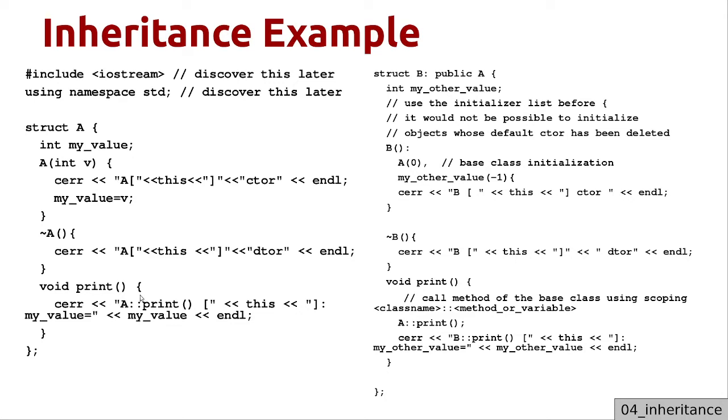Now, let's see an example, and obviously I will now go to the editor. When you have code in the slides, there's always a pointer to some source that is in the folders.